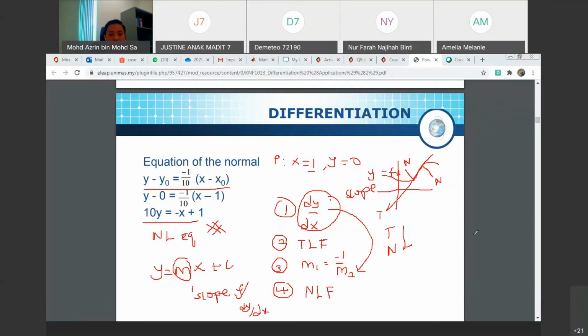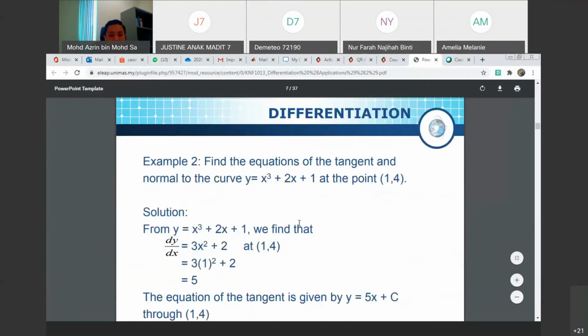So let me go for another example. Let's say you need to find the equation of tangent and also the normal to the curve y equal to x cubed plus 2x plus 1 at point (1, 4).